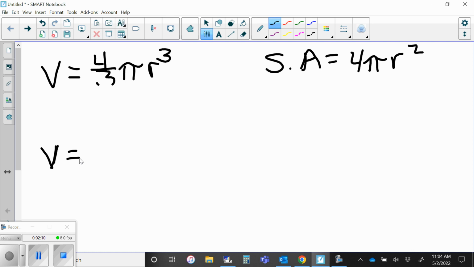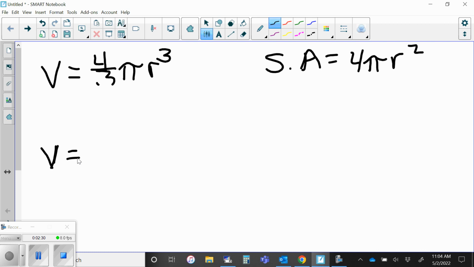You have the Earth, correct? Is the Earth broken up into two sections? Oh, hemisphere. Yeah, the northern hemisphere and the southern hemisphere. Those are half the Earth, right? So a hemisphere is half a sphere.